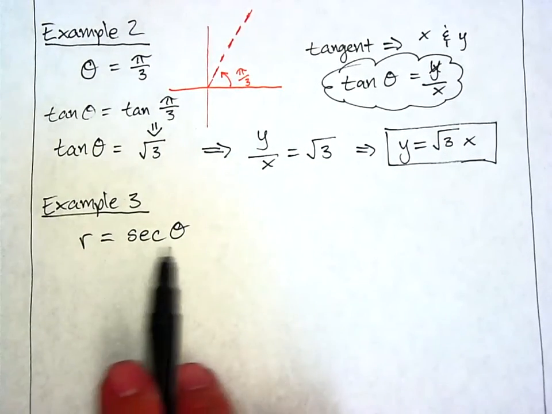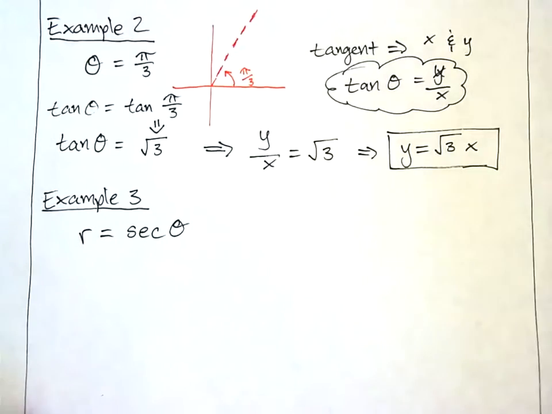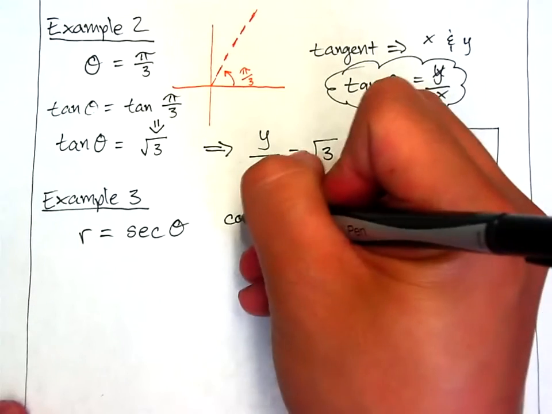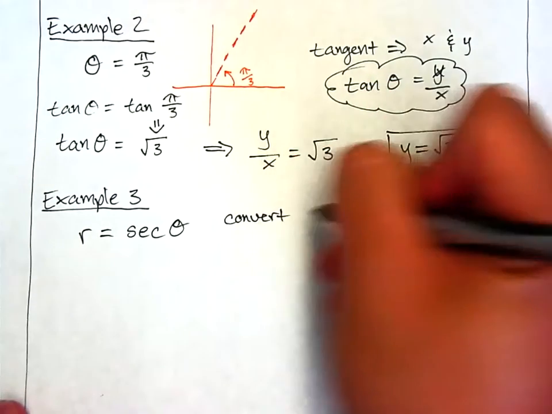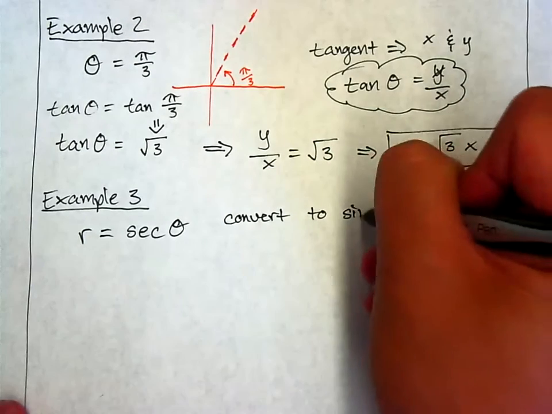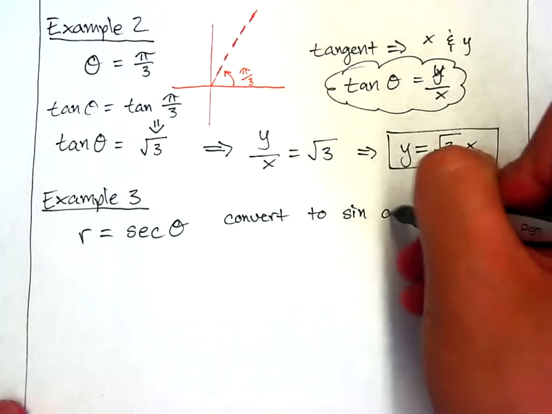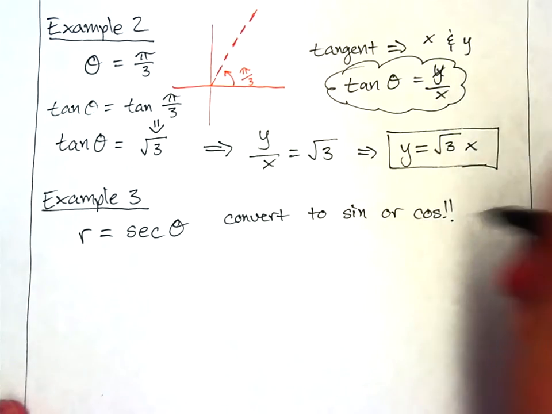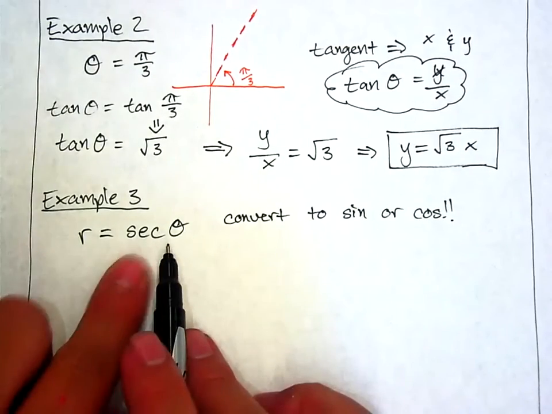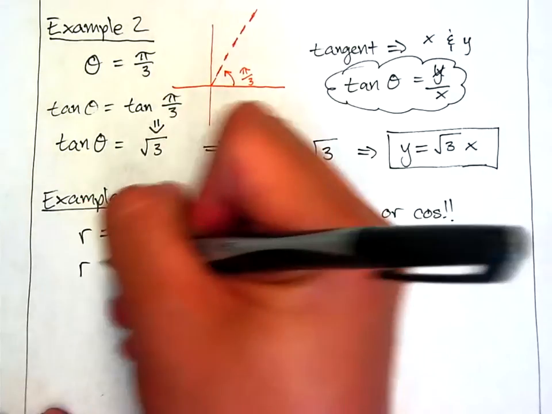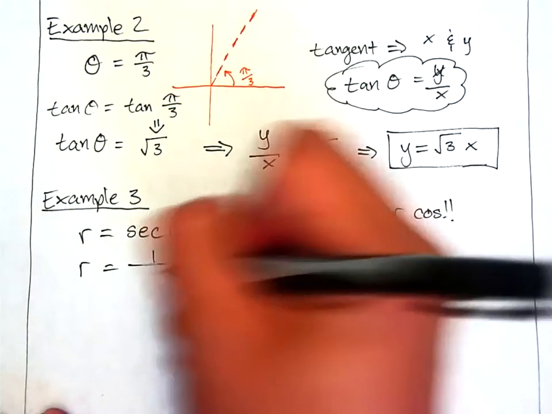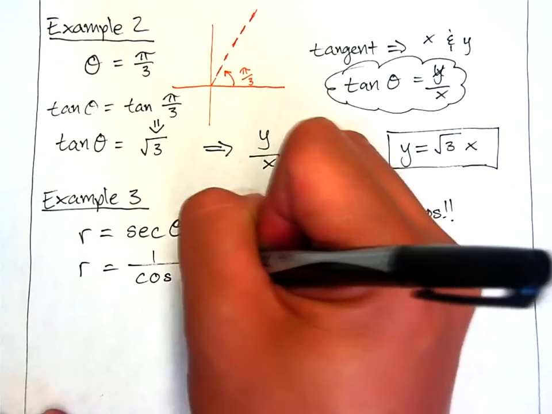Whenever we have something like this, the same method that we used before where we convert to sine or cosine will help a lot. So in this case, secant theta, I'm going to change to 1 over cosine theta.